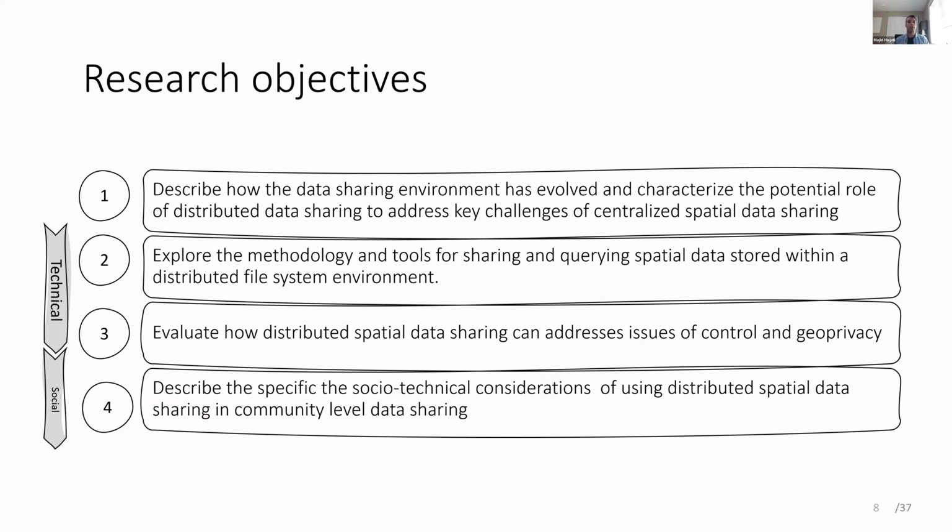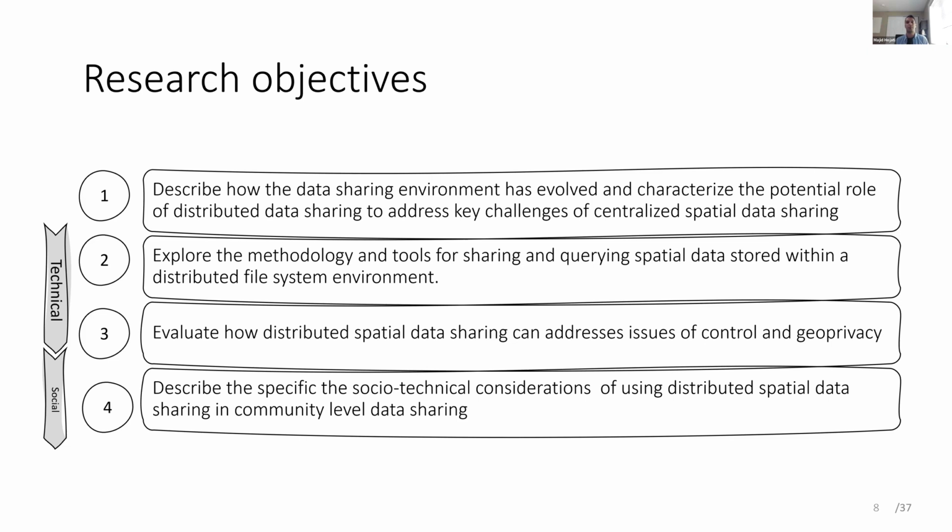I also wanted to look at the technical aspects. If we want to use distributed systems to share geographical information, we should be able to, for example, query and process spatio-temporal queries on this system. What approaches can we take to address that, and also to address geo-privacy and control concerns when data are being shared on this system?